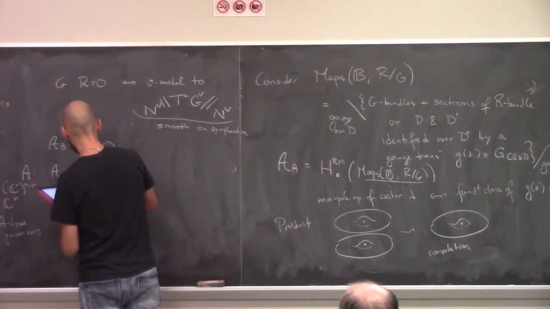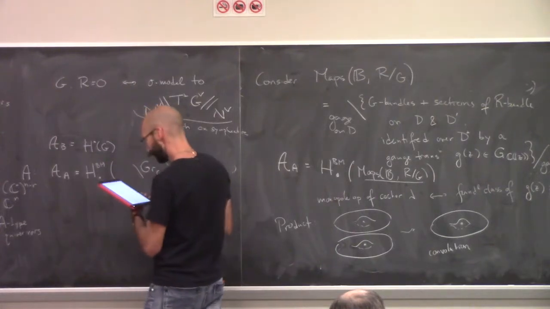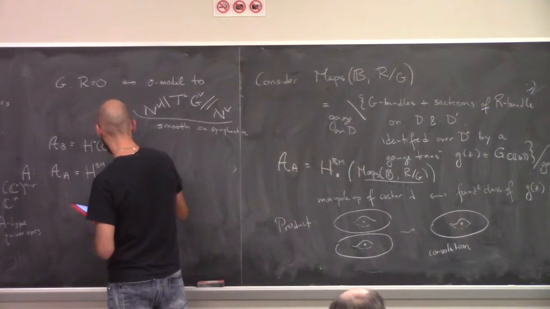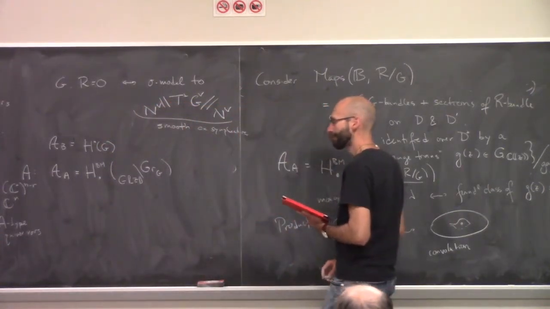It's Borel-Moore homology of the affine Grassmannian for G, quotiented by G defined over Taylor series.